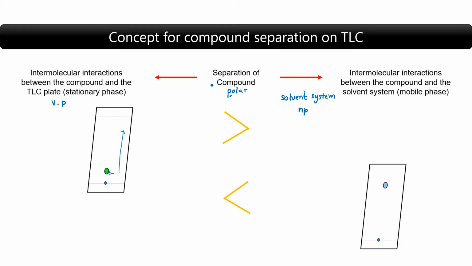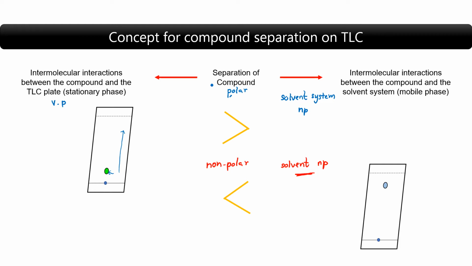But if we had an instance where the compound was a nonpolar compound and our solvent system was mainly nonpolar, and our TLC plate is always polar in relation to the solvent system, now the nonpolar compound would be able to form stronger intermolecular interactions with the nonpolar solvent system than the polar TLC plate because like interacts with like.